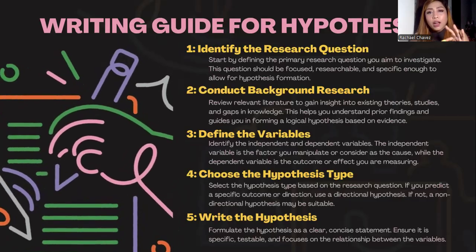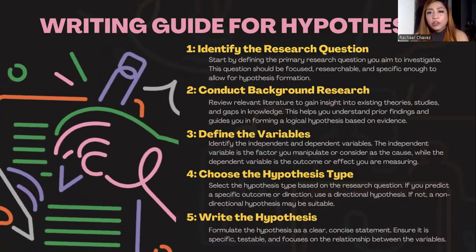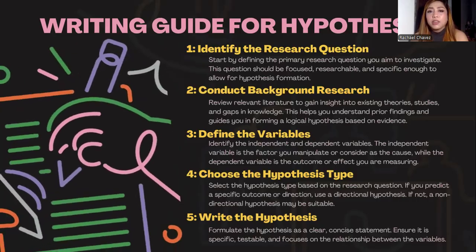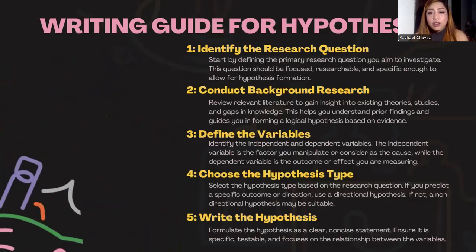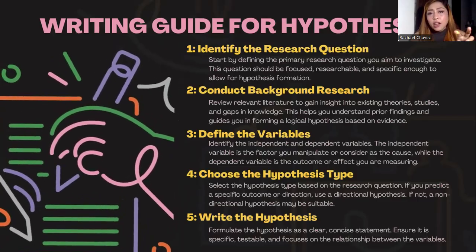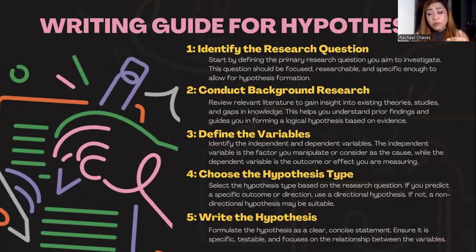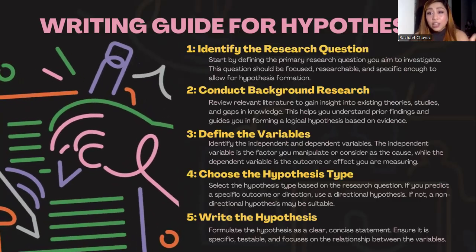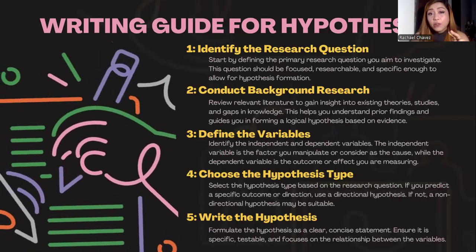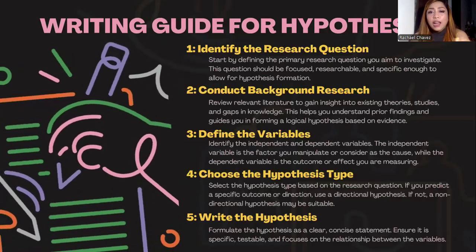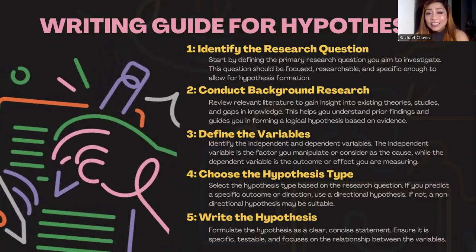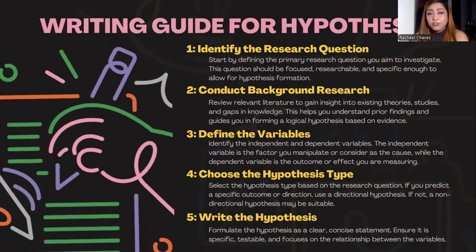Okay, so dapat mag-search muna kayo ng mga RRL or related journals or studies na nagsasabi that these variables are related or there's an impact or effect on each other. Pag nasabi ng mga related studies na may ganon, so most probably, ganun na rin yung maging hypothesis nyo. So meron kayong pinagbabasihan, okay? And also, kailangan alam niyo yung variables nyo at kilala niyo yung variables. You can define your variables.